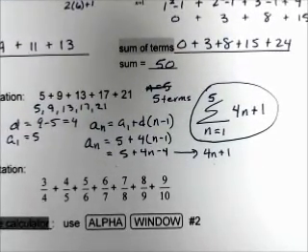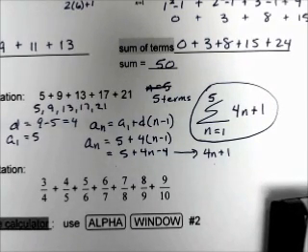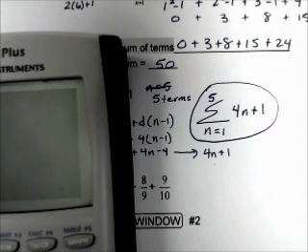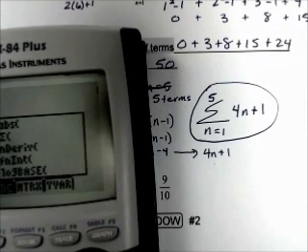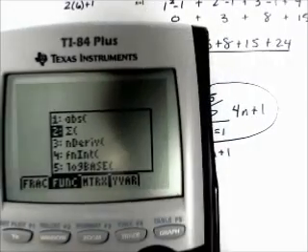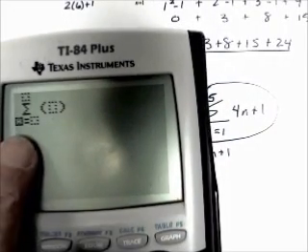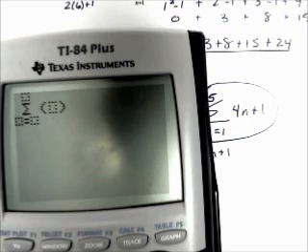For summation using the calculator, it is alpha window number 2. Right. And again, I'll show this to you in class tomorrow if you don't have a calculator. Alpha window number 2. There it is. Here we always use x for our variable in place of n.